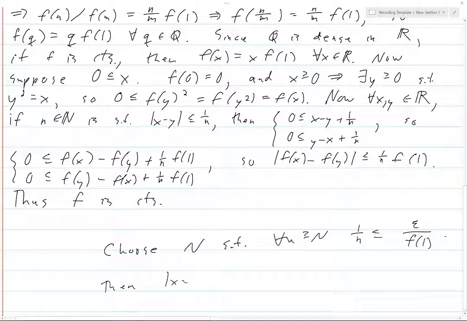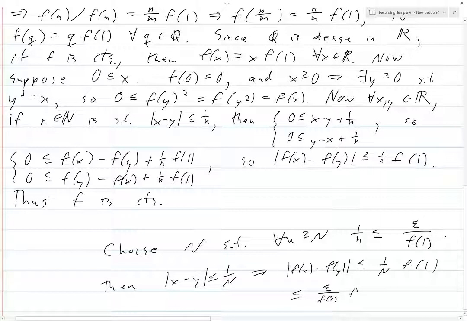Then |x − y| ≤ 1/n implies that |f(x) − f(y)| is less than or equal to 1/n times f(1), but this in turn, by our choice of n, is less than or equal to epsilon over f(1) times f(1), which is equal to epsilon.